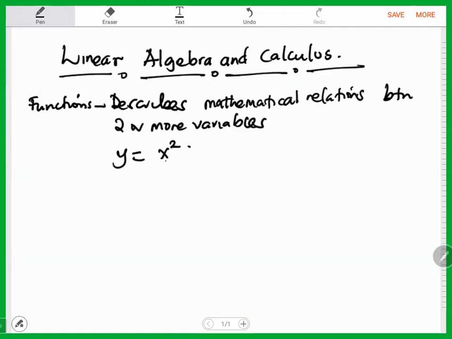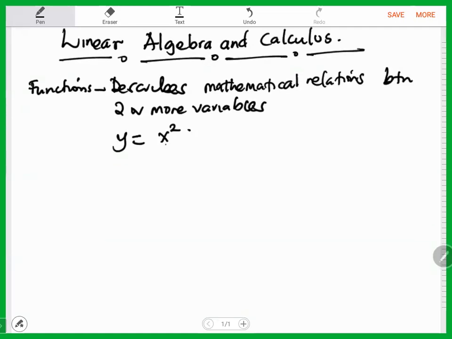So y depends on x. If you had y is equal to x plus 4, this is a function as well. A change in x would affect a change in the value of y. So depending on what we have in form of an equation, we shall always see a relationship.